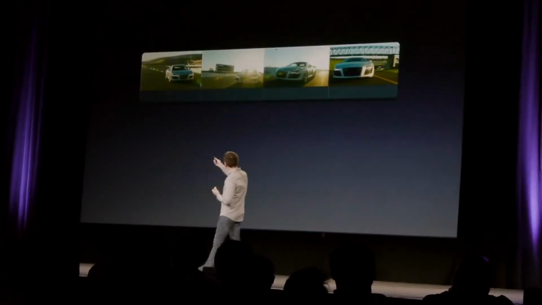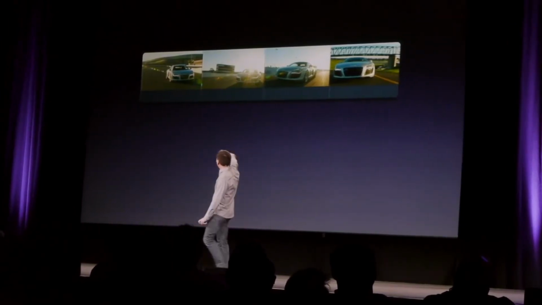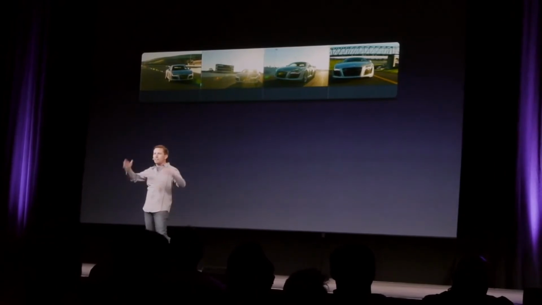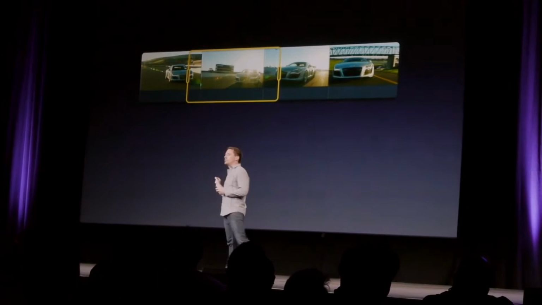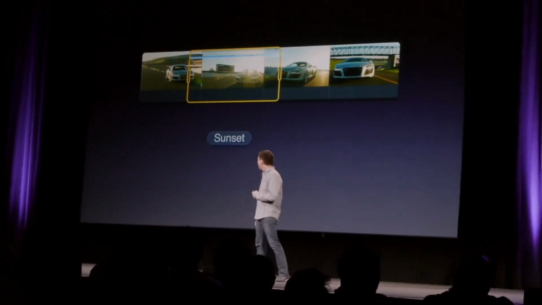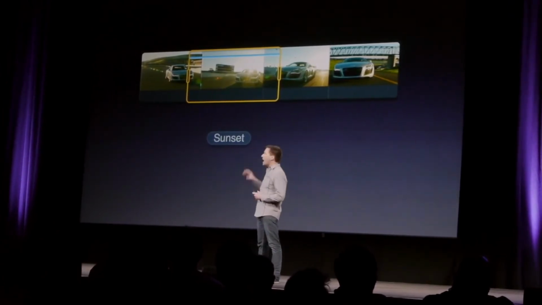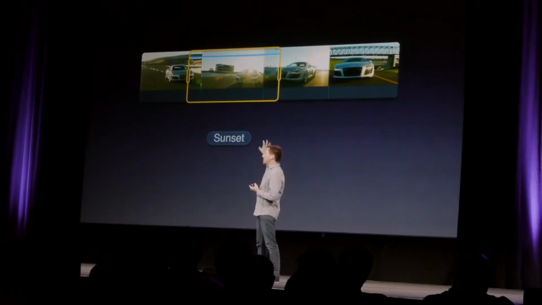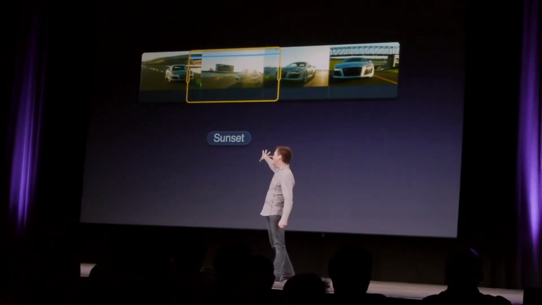So if you take a shot like this, there's a whole bunch of things that are going on in there. It's a shot at the Infineon racetrack, it's an Audi car, it's in the daytime. All of those kinds of things can be applied to the entire clip. But furthermore, you can select ranges inside of your clip and apply keywords to that. So for example, this is a sunset shot. I can apply a keyword to that range of media, and immediately I can go back and find not only the clip that has the sunset in it, but the specific range inside of it.